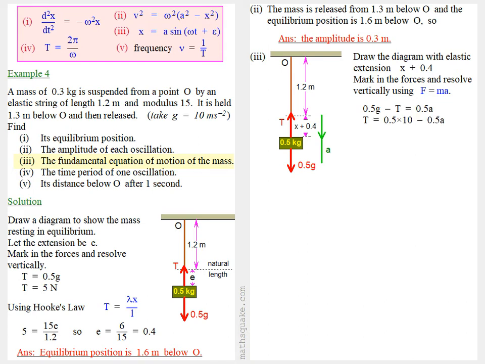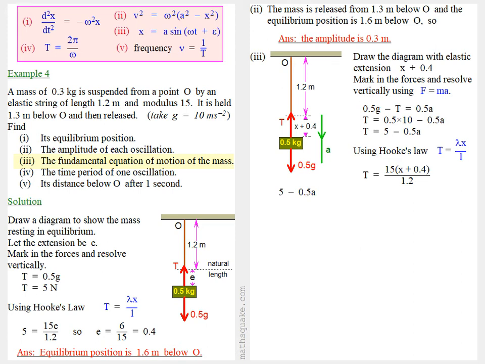So T is equal to 0.5 times 10 minus 0.5 times a, or T is equal to 5 minus 0.5a. Now we can also use Hooke's law, which says T is equal to lambda x over L. Lambda is of course 15 and the natural length is 1.2. So T is equal to 15 times (x plus 0.4) all over 1.2.